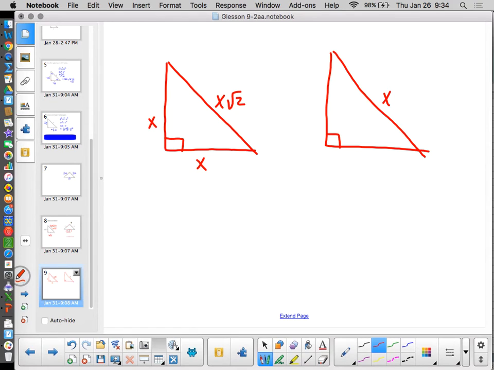Then we know that each of these 2 legs is half the hypotenuse times the square root of 2. So it's the same pattern, just kind of rearranged. In one of them, we're given the legs, and we need to find the hypotenuse. In the other one, we're given the hypotenuse, and we need to find the legs.